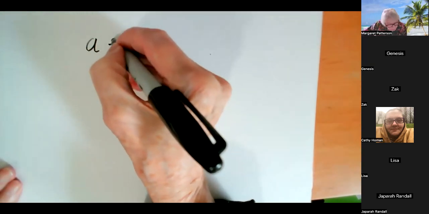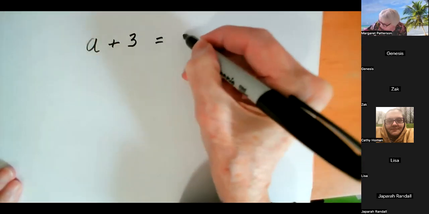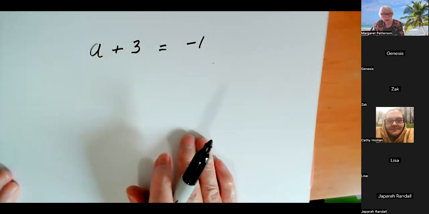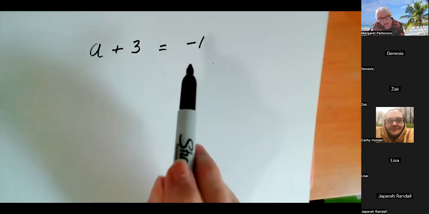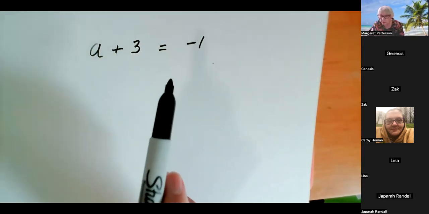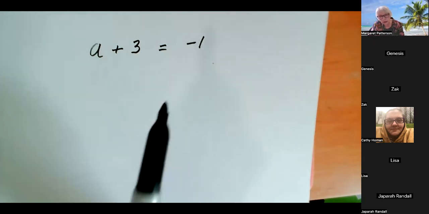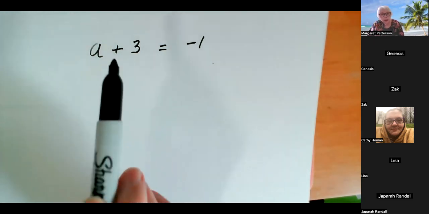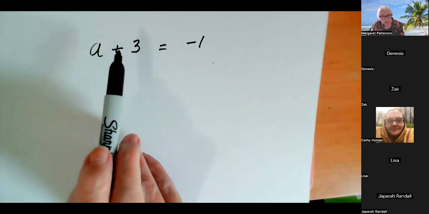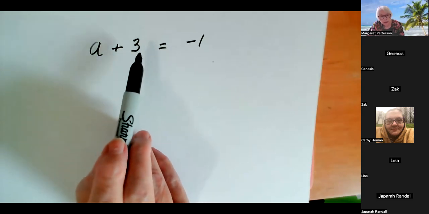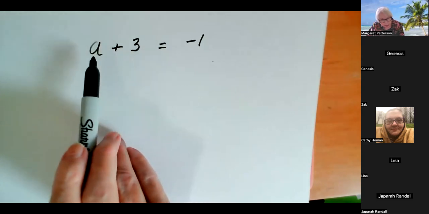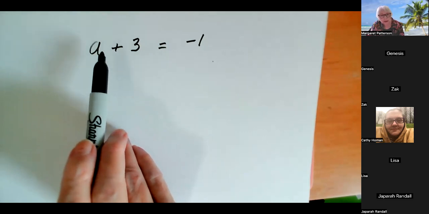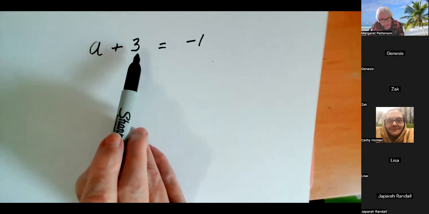So I'm just going to pull out some problems. Occasionally you're going to see those negative numbers and we're going to keep having to remind ourselves what the rules were. In this problem, this is an addition problem, and the letter A is the missing number, and it has 3 added to it.